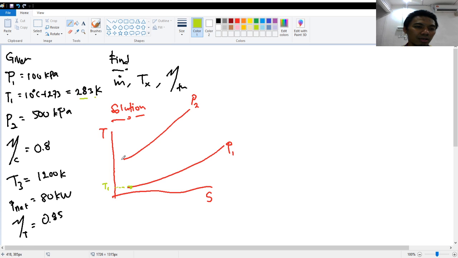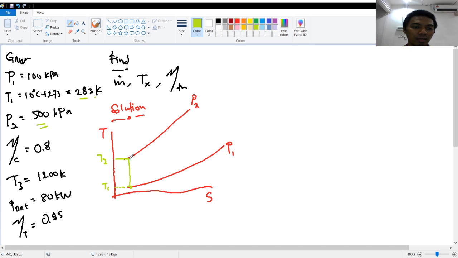So it goes to, it is compressed to 500 kilopascal, isentropically. So what is your T2? It's not given here, but you can find it using equation.